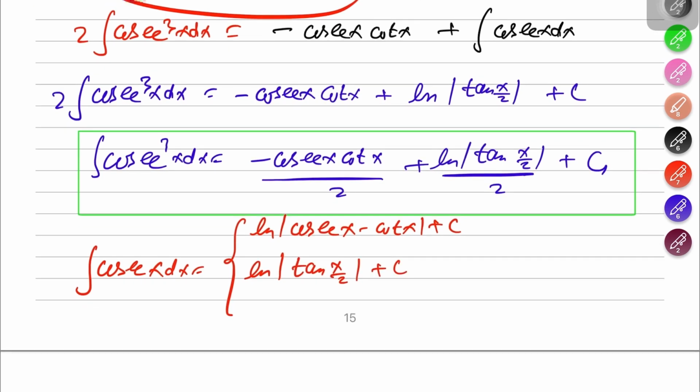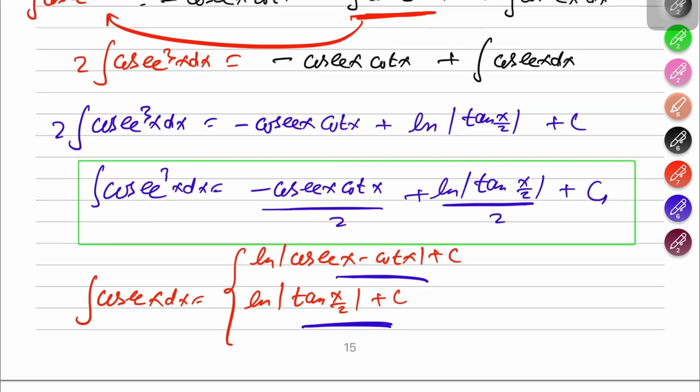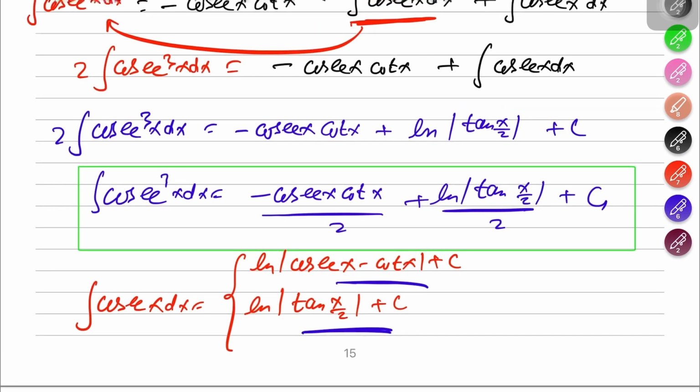So there are basically two types of integration used broadly. Here I have used ln tan x by 2; you can use ln cosec x minus cot x also. Your answer will look different, but essentially they are the same. We did this in the previous videos, where we converted from ln cosec x minus cot x to ln tan x by 2. So this completes the integration of a cubic function.